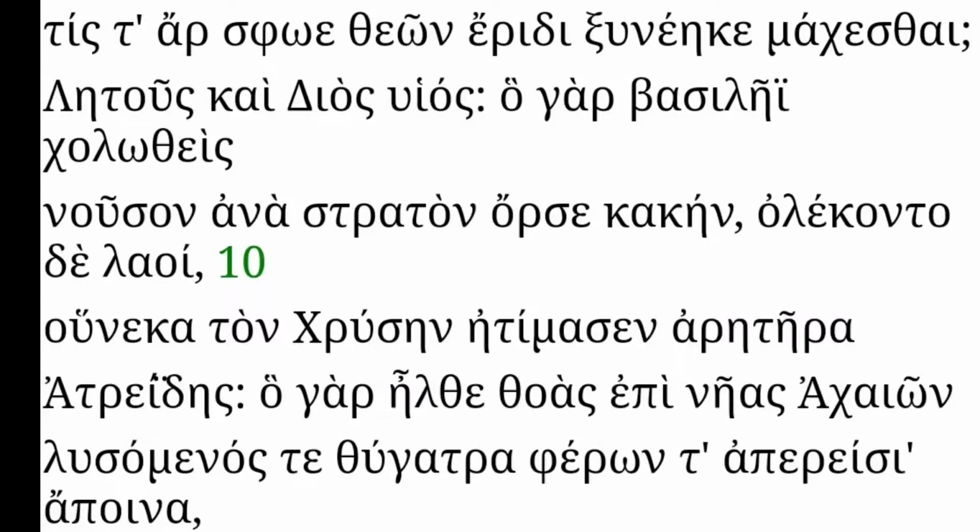So the son of Leto and Zeus. Who's that? Well, that's Apollo, isn't it? So Apollo is angry. Why did he send them together to fight, Achilles and Agamemnon? Well, there's a story to it, isn't there? For cholōtheis, angry, having become angered, literally, with the king.